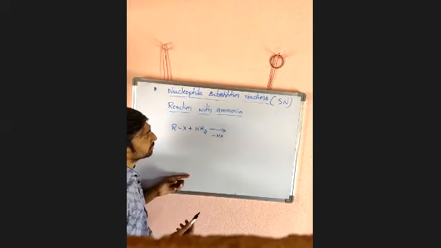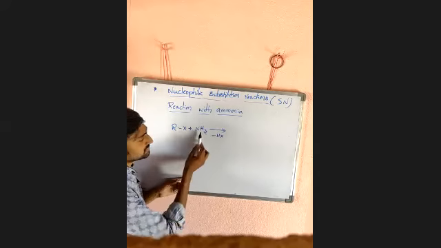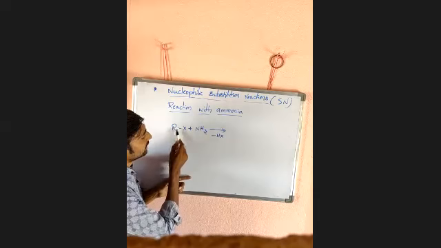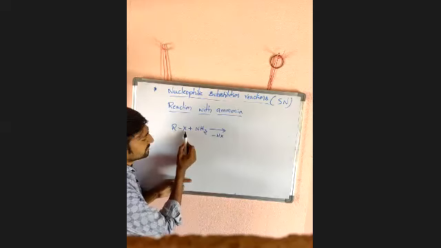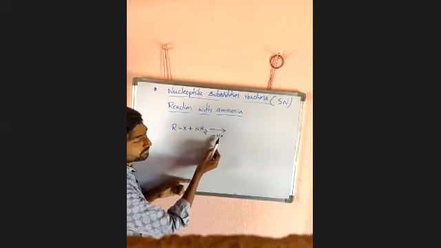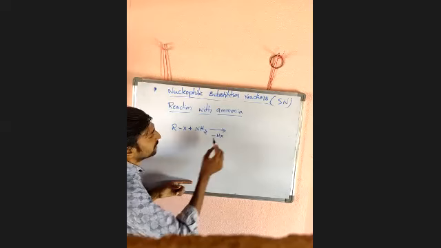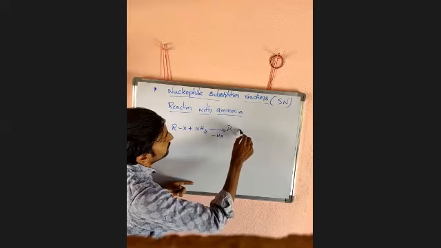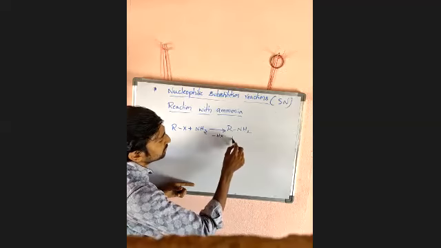The remaining is NH2, so here we get RNH2. Here it is linked with only one carbon.